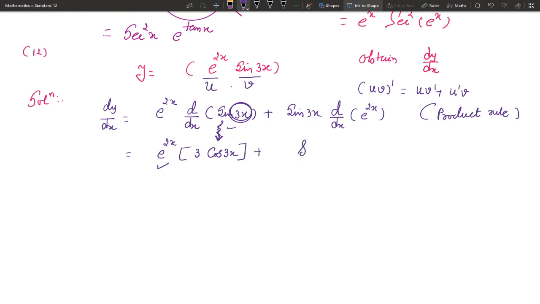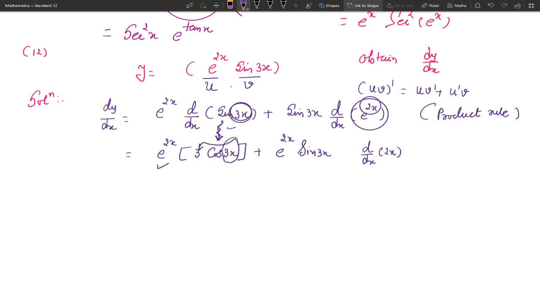Now here sin 3x as it is, first use formula e raised to x, it is e raised to 2x, because d by dx of e raised to x, it is e raised to x. Now power, in place of x, it is function of x. So into by chain rule d by dx of 2x, similarly as we differentiated d by dx of 3x.